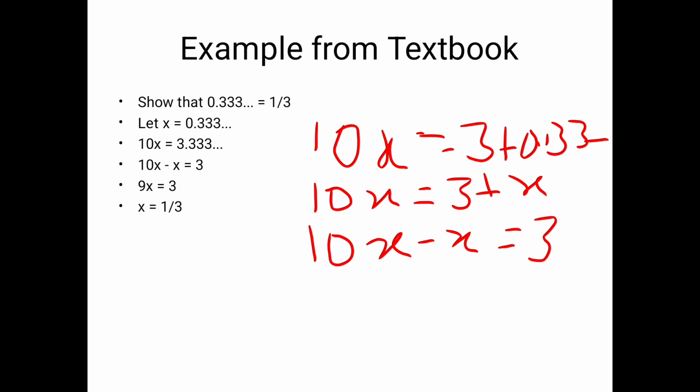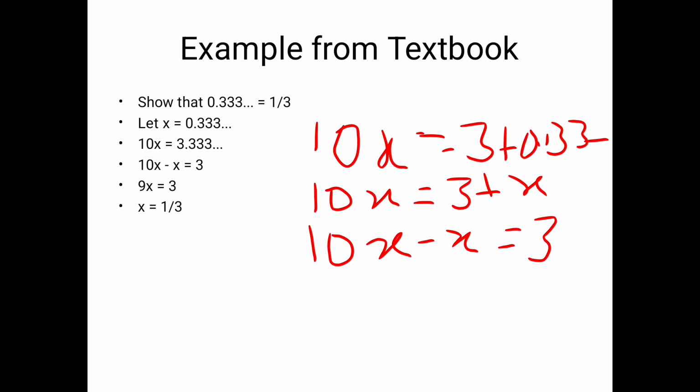I have to make the number which we have taken as x separate. To obtain that number 0.33, I have to remove 3 from that, so that I can obtain x. That's why I have written 10x equals 3 plus 0.33. So that I can write 10x equal to 3 plus x.